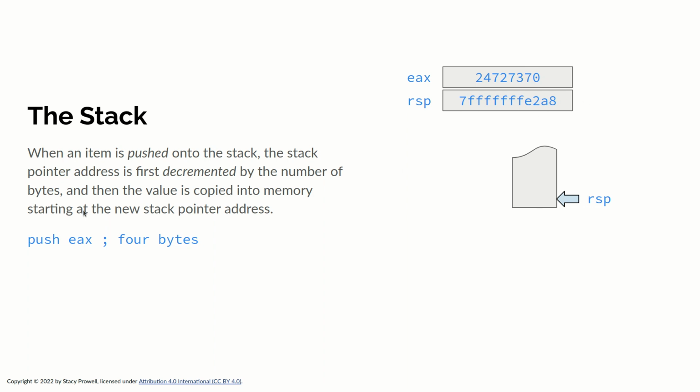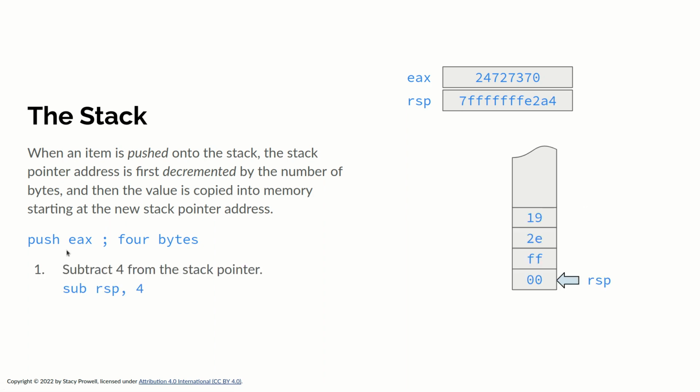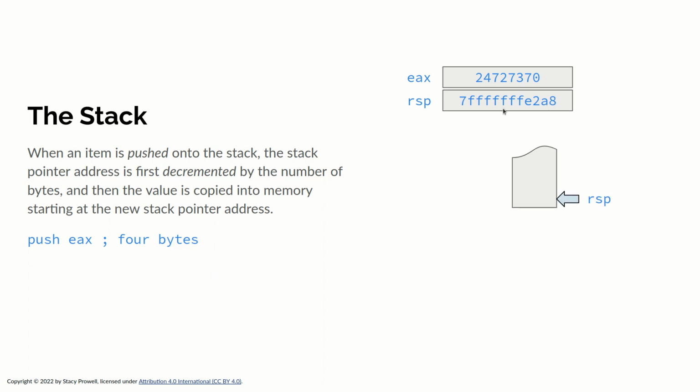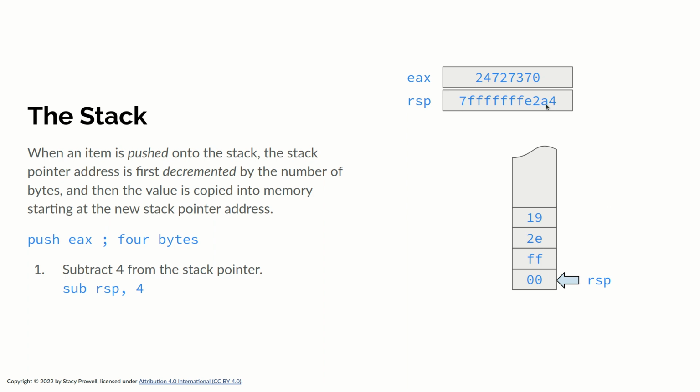I want to push EAX, which is 4 bytes. The first thing I do is subtract 4 from the stack pointer. If you look at the stack pointer value right here, it started out A8 and then ended up A4. We subtract from the stack pointer to reserve space. And oh look, there's some stuff there.